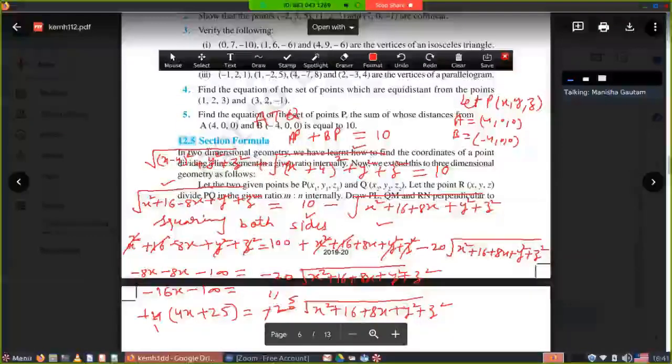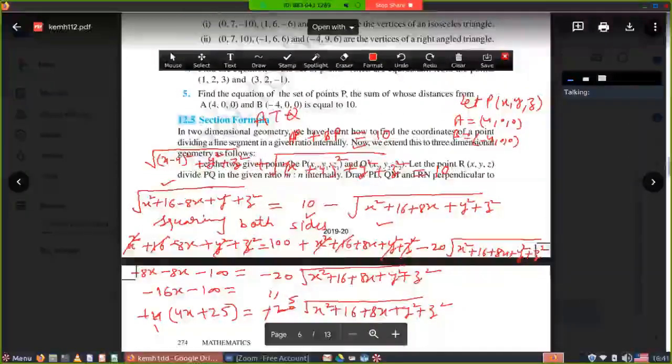You will get 4x plus 25 is equal to 5 under the root of the statement x square plus 16 plus 8x plus y square plus z square. Now further you have to take the squaring of both sides again, squaring both sides.